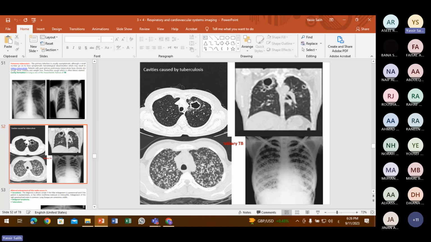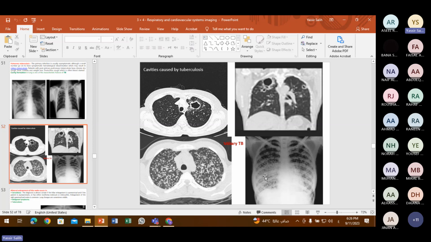This is called miliary because of millet, the small grains. So it is called miliary tuberculosis due to the presence of these very small nodules, 1 to 2 millimeters, in both sides.